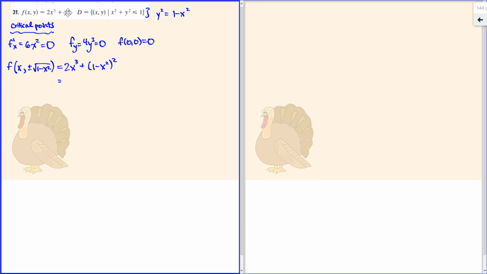So simplifying, I get 2x cubed plus 1 minus 2x squared plus x to the fourth. So on the path, my function is going to be x to the fourth plus 2x cubed minus 2x squared plus 1.